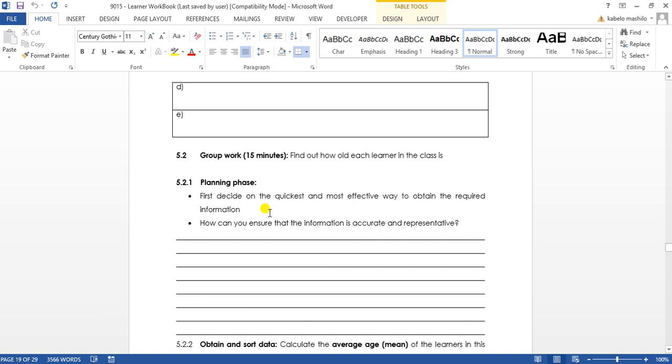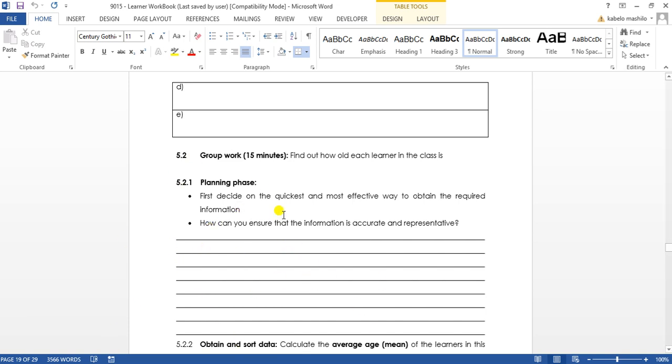First, decide on the quickest and most effective way to obtain the required information, whether you do it randomly. There are different types of sampling that you could use.